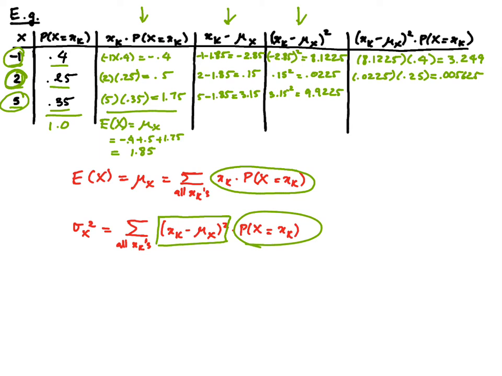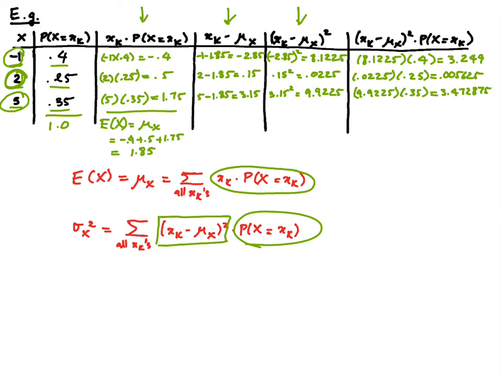And then for the last value, you have 9.9225 multiplied by 0.35, that gives you 3.472875.